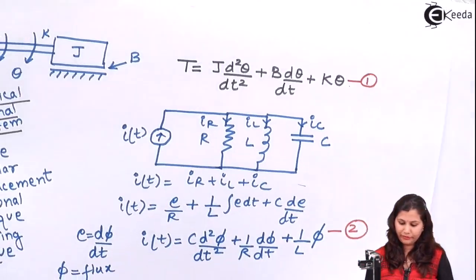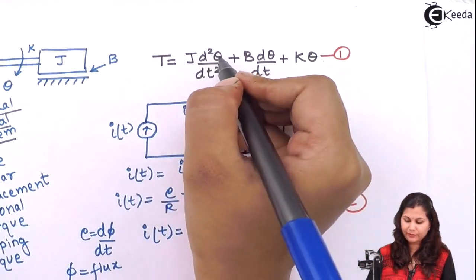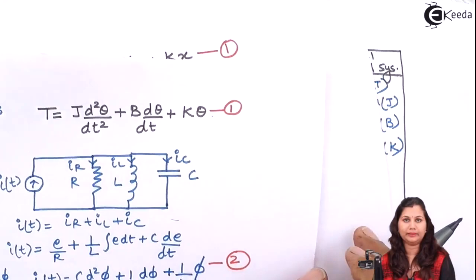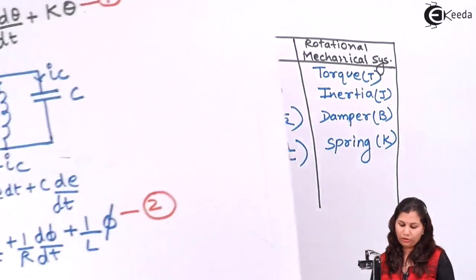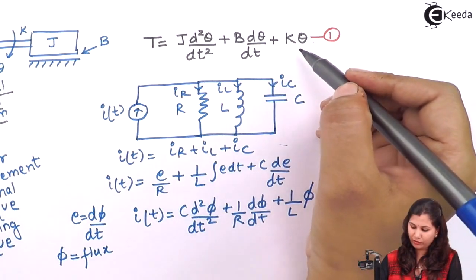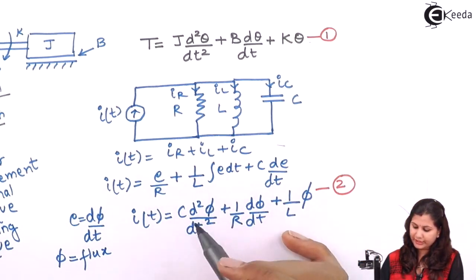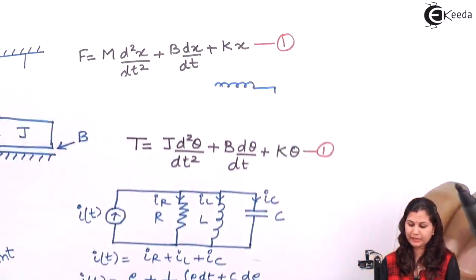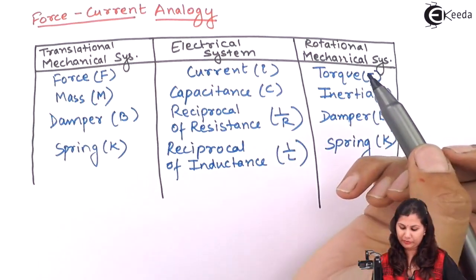Now here we had flux. Flux will be equivalent to the angular displacement and the displacement. So if we compare these two equations, this flux phi will be equivalent to the angular displacement, and here we will have displacement.